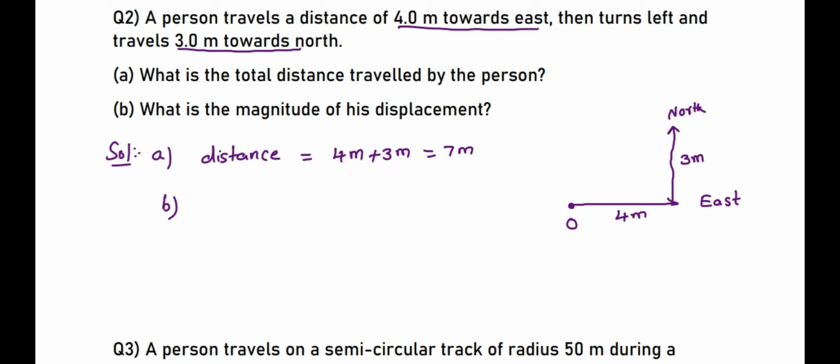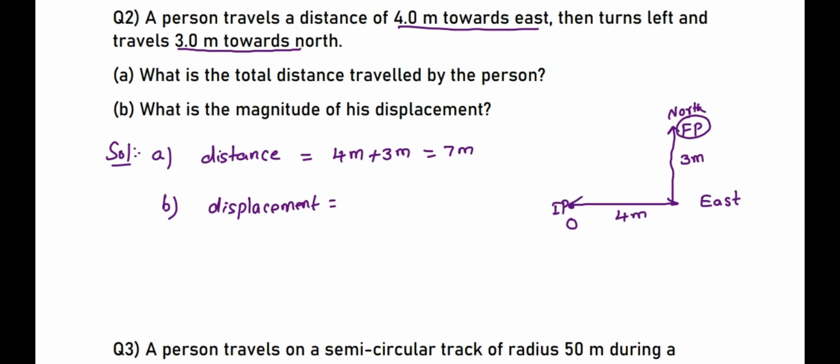While coming to displacement, the magnitude of the displacement. So displacement, according to the definition, is the shortest distance between initial position and final position.